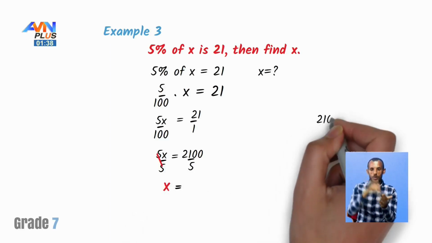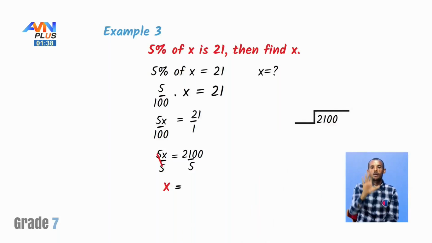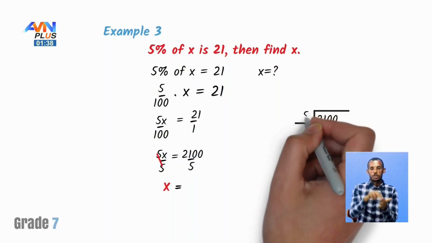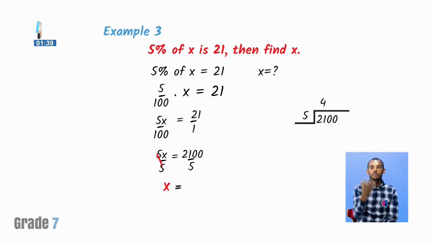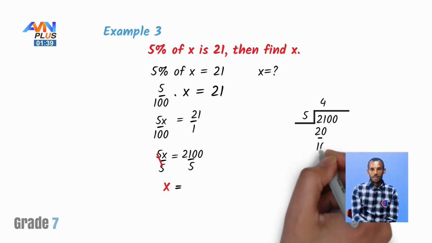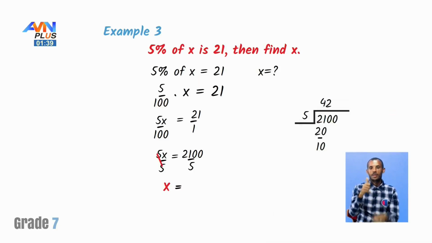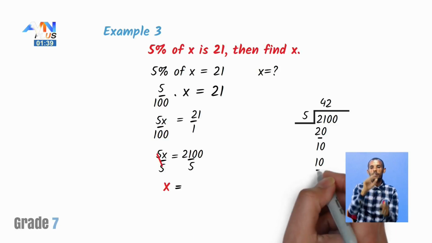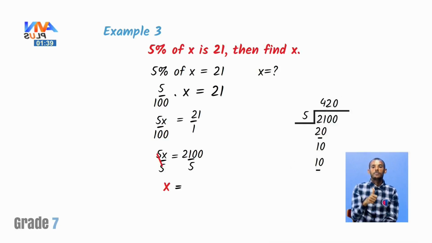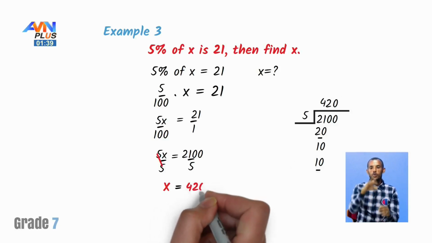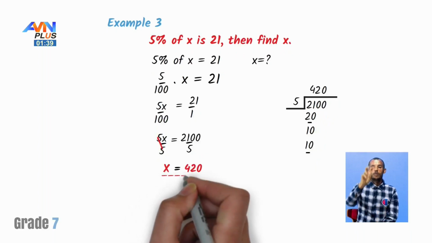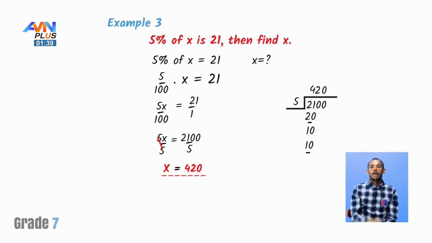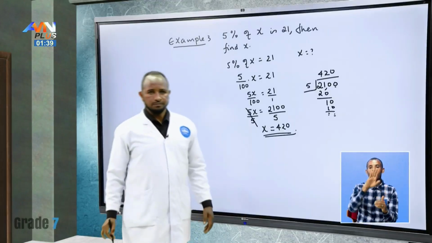X is equal to, let's divide this number by 5. 2100 divided by 5 gives you 420. Therefore, this will be the final answer.